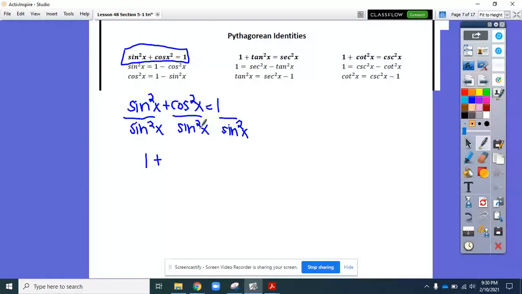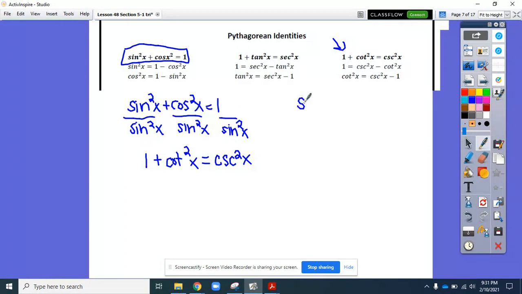Cosine squared over sine squared, we just said cosine over sine is cotangent. They're squared, so it's squared. 1 over sine, reciprocal of sine is cosecant. It's squared, so it's squared. 1 plus cotangent squared equals cosecant squared. There's that identity right there. Okay? So you can find it if you need to based on your basic identity.